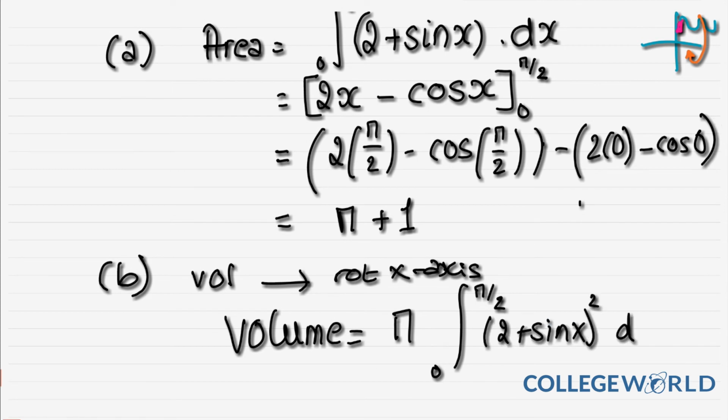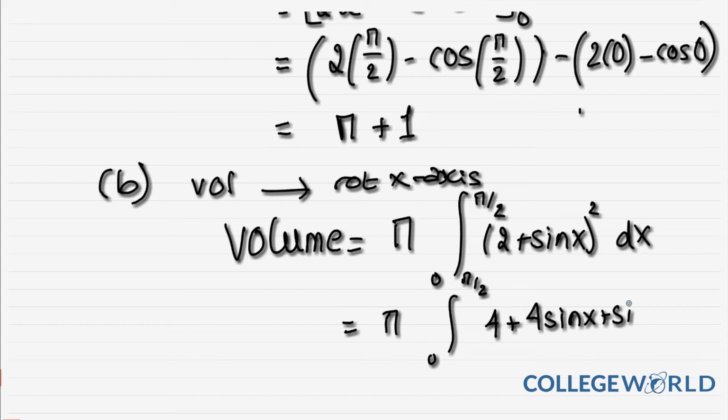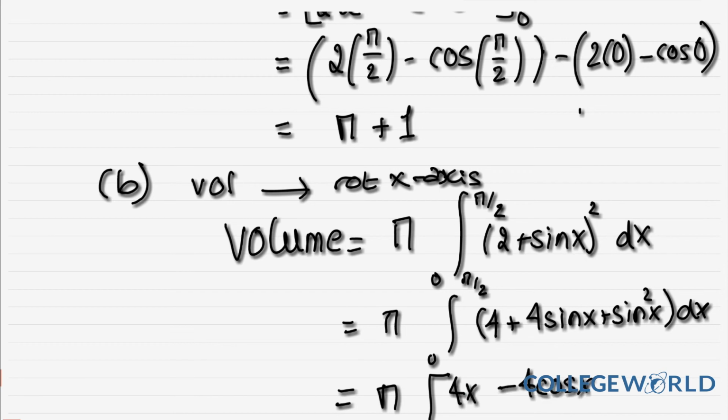We expand this into pi times the integral from 0 to pi over 2 of 4 plus 4 sine x plus sine squared x, dx. Then we can solve this: it's going to be 4x, minus 4 cosine x, plus the integral of sine squared x.